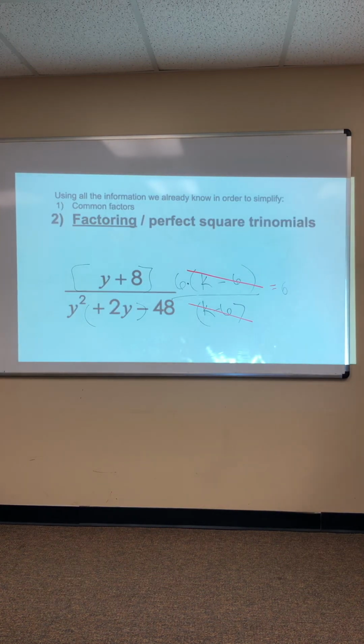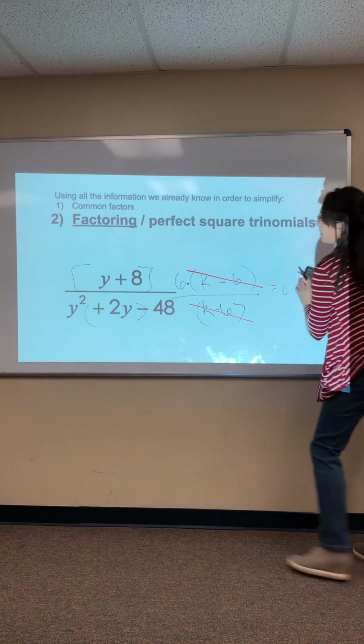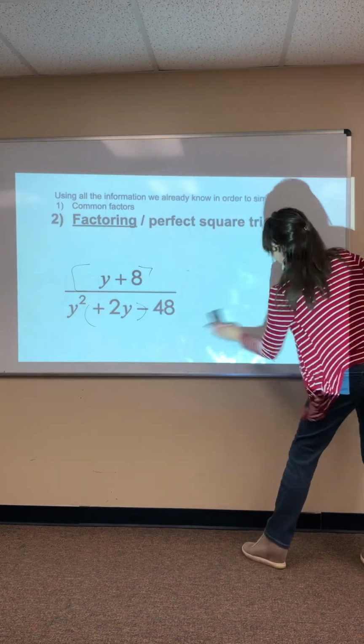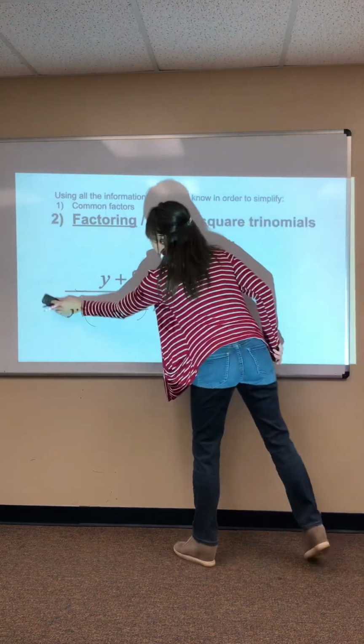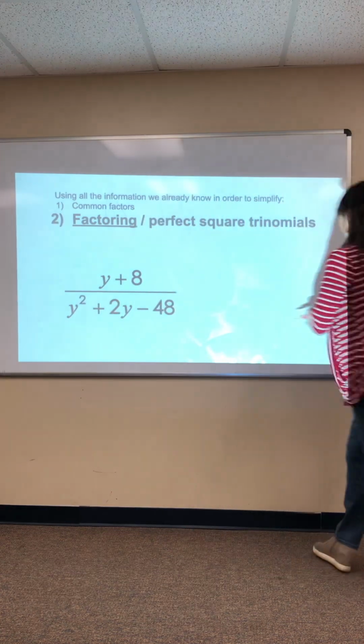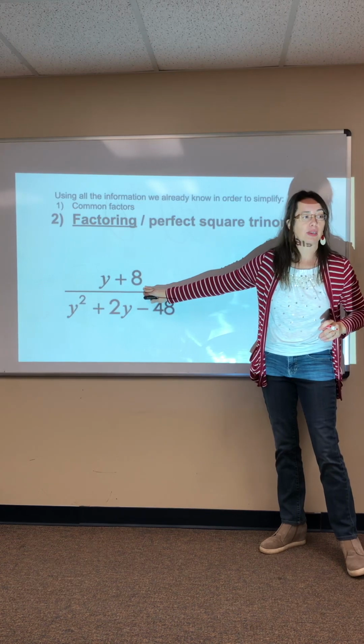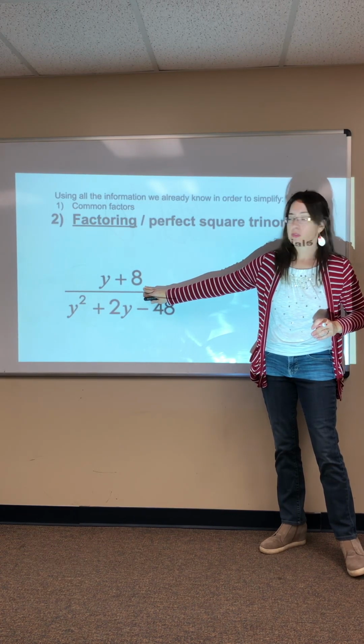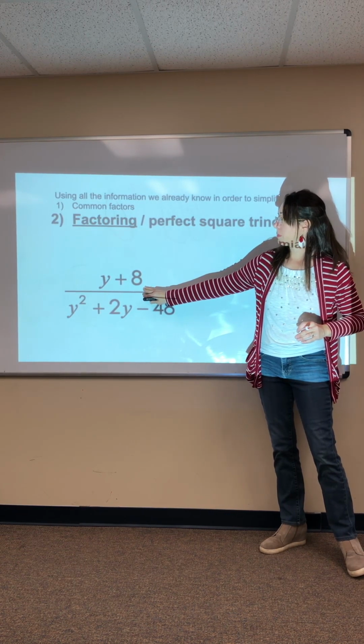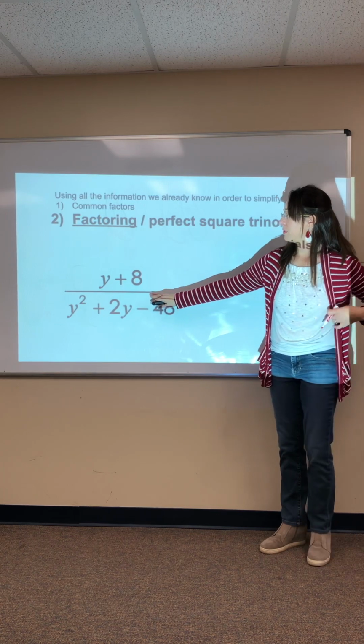Okay. So let's look at this one. The first thing we're going to do is look for common factors. On the top, y plus 8, are there any common factors that we can take out? I mean, on 8 we could... do we want to factor 8 all the way down?